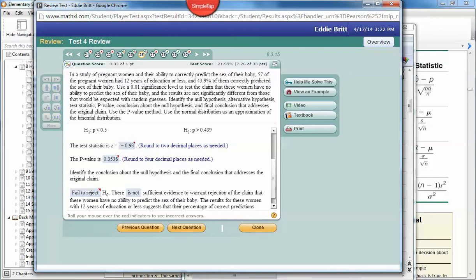That's going to be our population. The actual statistic, or the proportion from the sample, is 43.9%. That's where we had the study that they did, the small study. So p hat is 0.439.